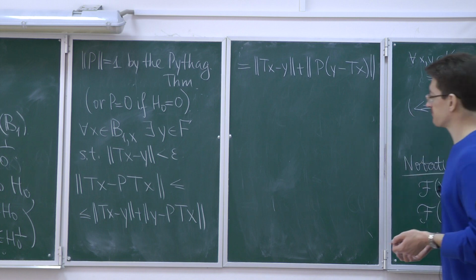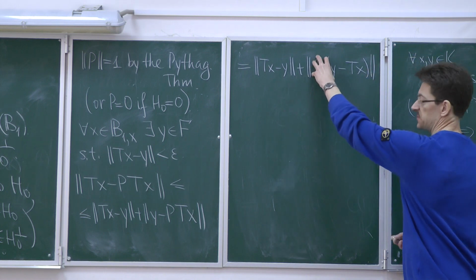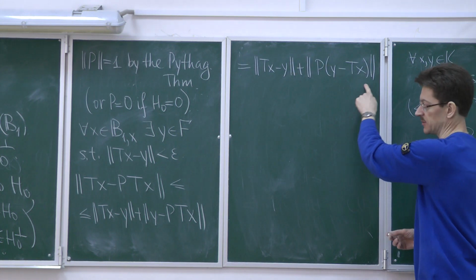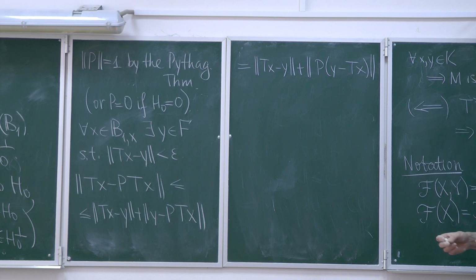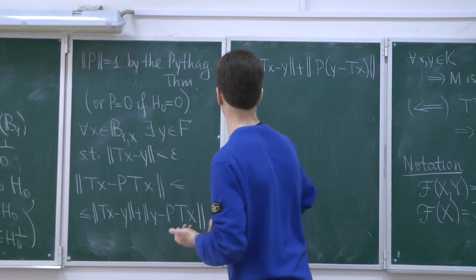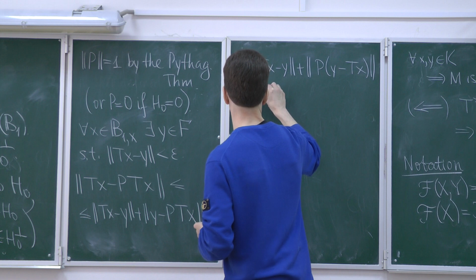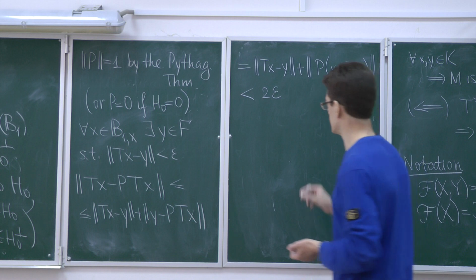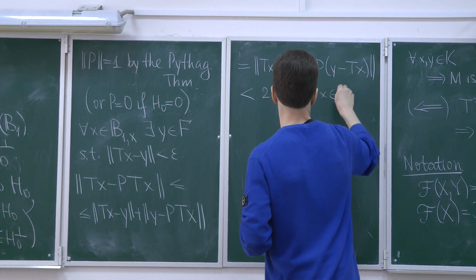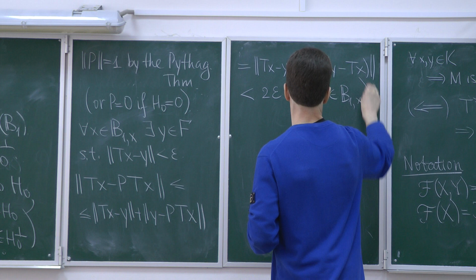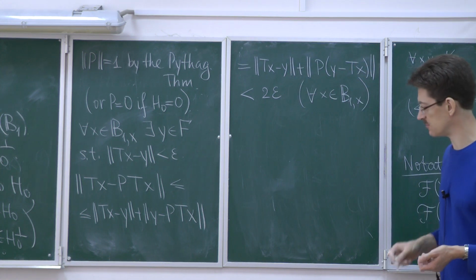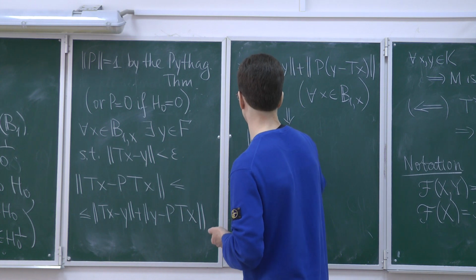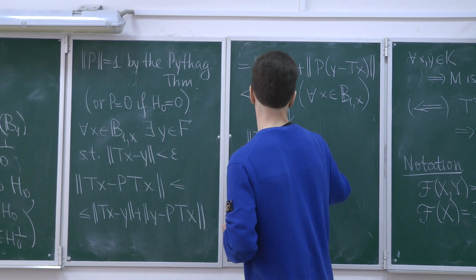So we have this. But now we know that the norm of P is 1. So the norm of the second summand is less than or equal to the norm of the first summand. And the norm of the first summand is less than epsilon. So we see that the sum is less than 2 epsilon. And this holds for each x in the unit ball of X. If we now take the supremum over the unit ball, we see that the distance between T and PT is less than or equal to 2 epsilon.